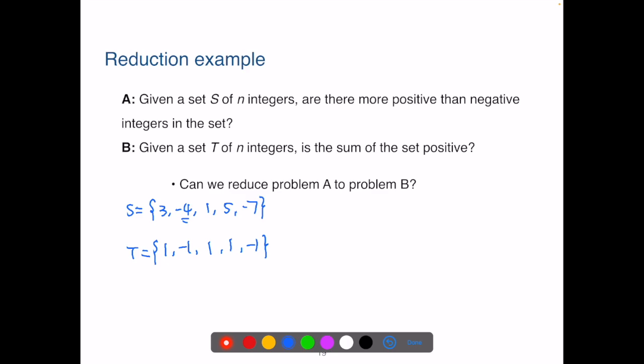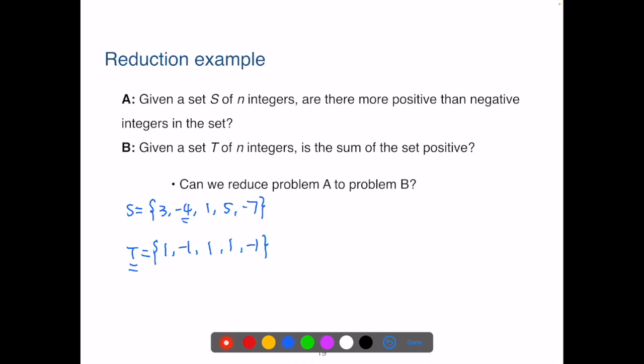When there are more positive than negative integers in set S, we will have more ones than minus ones. So when we sum up all the numbers in the set T, it will be a positive value. That's how we can transform an input instance of problem A to an input instance of problem B.